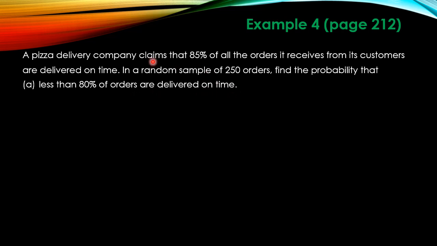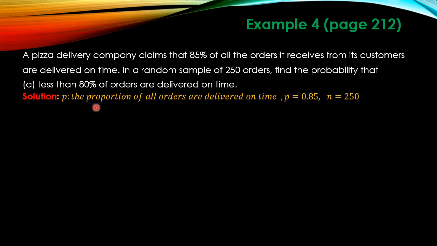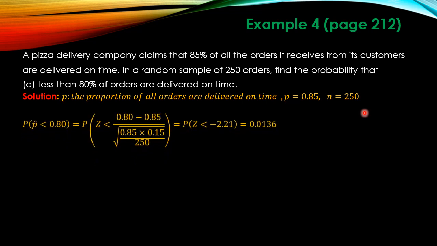So here, you have to identify the population proportion of all orders delivered on time, which is p. So we have p is 0.85 and sample size 250.